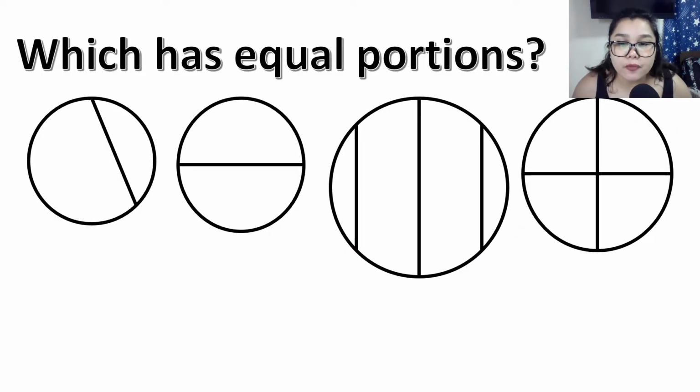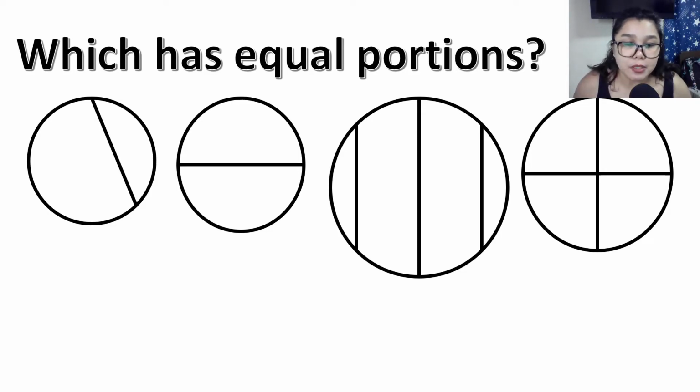Let's have these 4 figures, which have equal portions. So we have here different one whole, round in shape. Let's identify which one shows equal portions. Okay, let's have the first one.